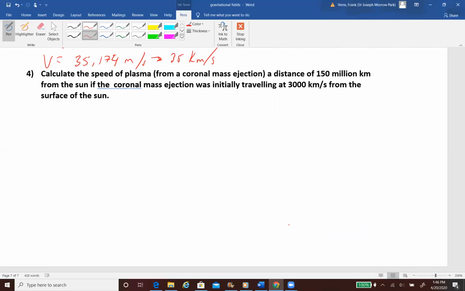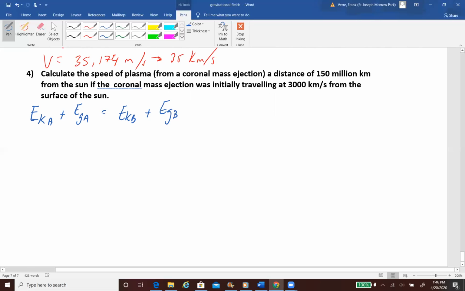Okay, so what we're going to do is we can say something like this. We could say that from what we learned last year, the left side energy always equals the right side. So we could say the kinetic energy at A plus the gravitational energy at A, and that will be at the surface of the sun, is going to equal the kinetic energy at B plus the gravitational energy at B. Okay, we are trying to find, let's say we'll call position B when it's 150 million kilometers from the sun.